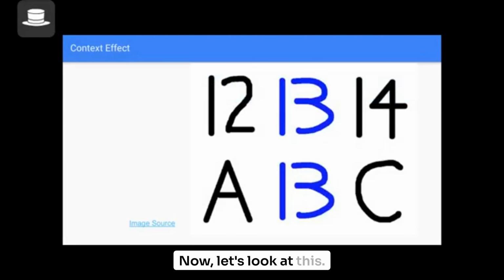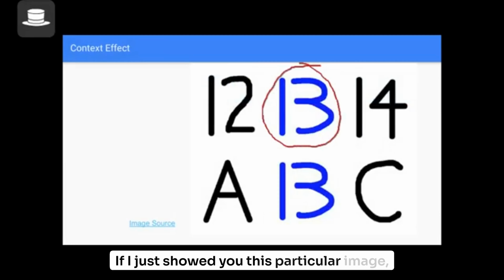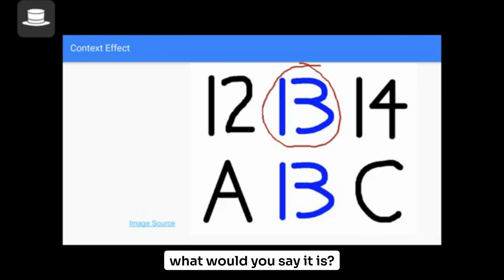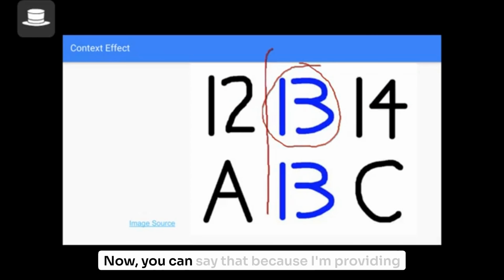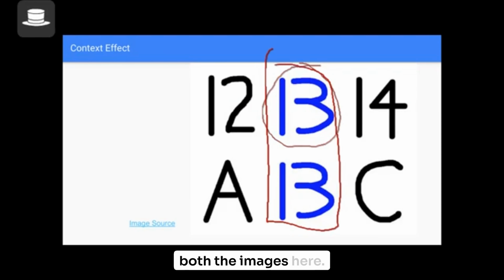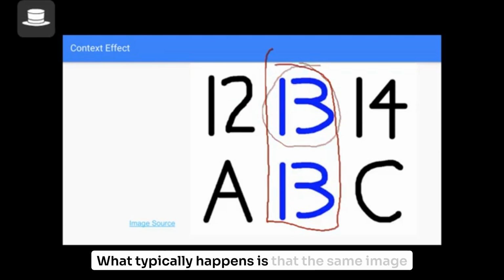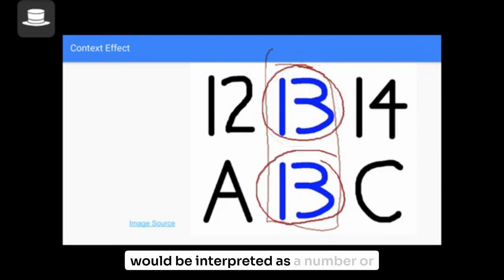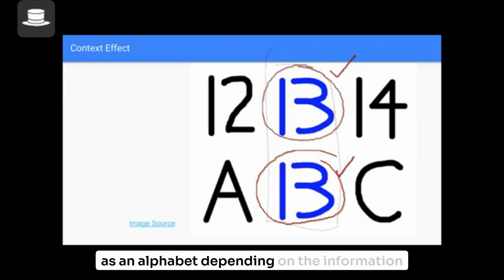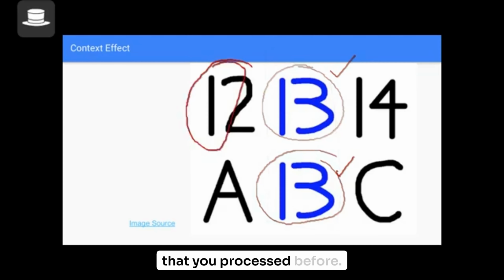Now, let's look at this. If I just showed you this particular image, what would you say it is? It could be B or 13. Now, you can say that because I'm providing both the images here. What typically happens is that the same image would be interpreted as a number or as an alphabet, depending on the information that you processed before.